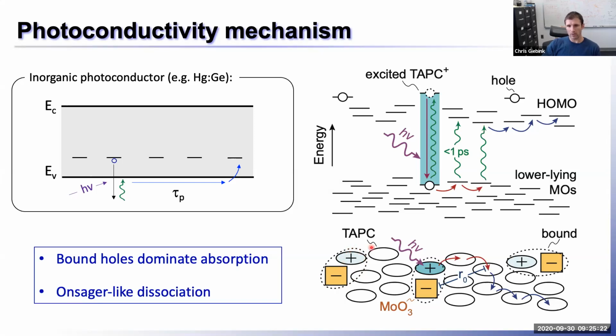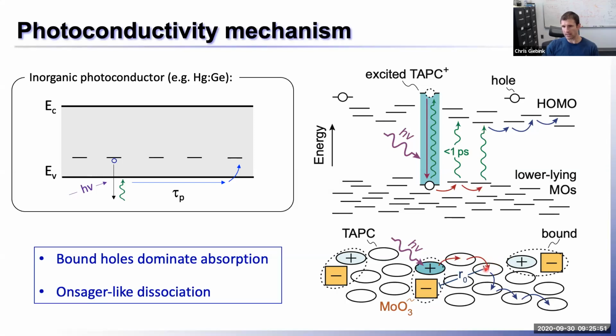And so what we envision is when we come in and we excite with a photon one of these holes, this is looking at it in energy space, it goes down to one of the lower lying molecular orbitals and has a higher probability of being able to hop to maybe one molecule, maybe one more, before it relaxes back to the HOMO. So in real space, we're now up to this molecule. This kind of looks like the thermalization distance in an Onsager type dissociation model.